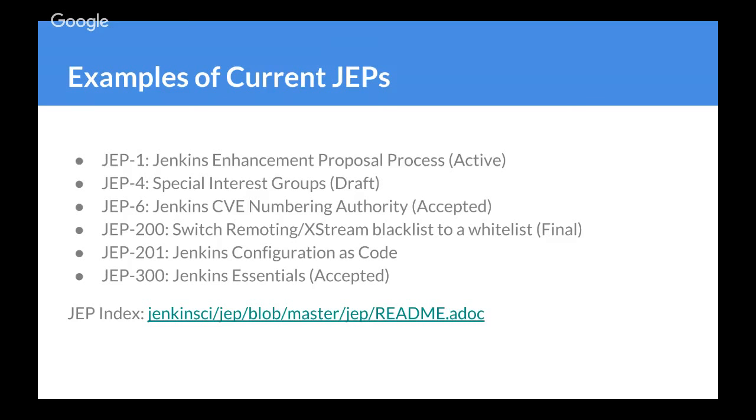This was a switch of our remoting from a blacklist to a whitelist, and that affected hundreds of plugins, and had several months of rollout, a number of blog posts and communications that had to happen in order to communicate to people, hey, we're making this change.